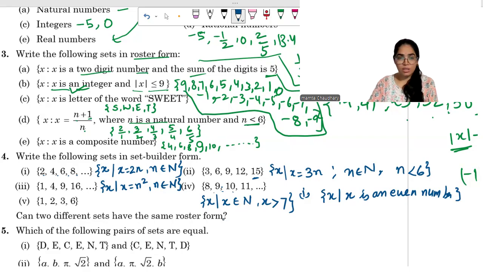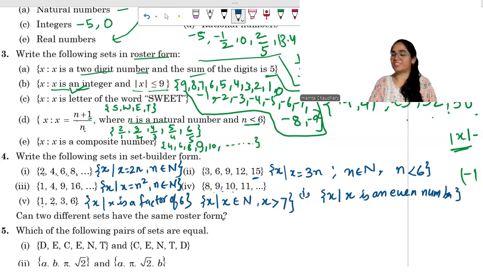Now the last, 1, 2, 3 and 6. These are the factors of 6. So X, where X is a factor of 6. Now, can two different sets have the same roster form?